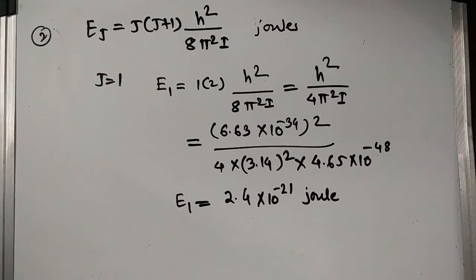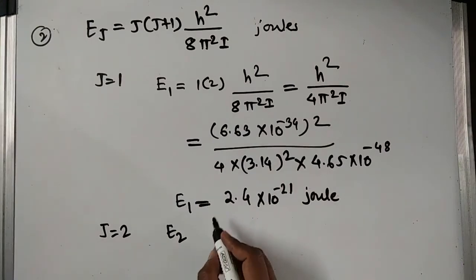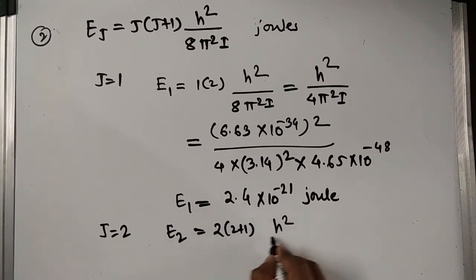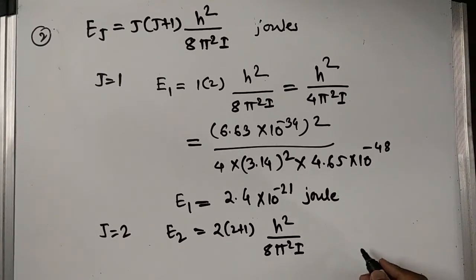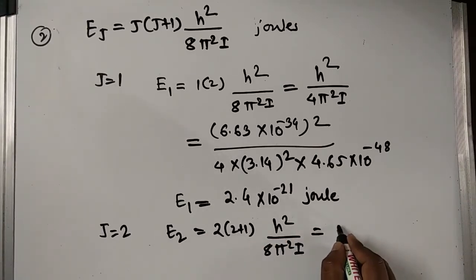Now we have to calculate the energy of the second energy level. So we can put J is equal to 2 into the above equation. For 2, it is 2 into 2 plus 1 h square upon 8 pi square I. This term is as it is, and therefore 2 plus 1 is 3, 3 into 2 is 6.